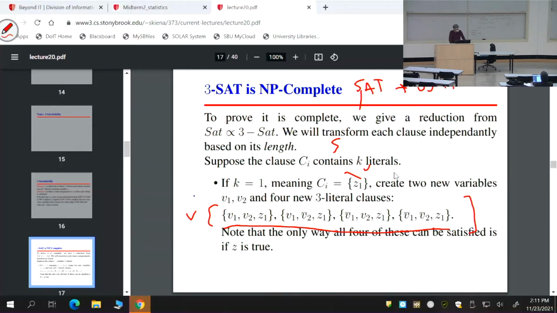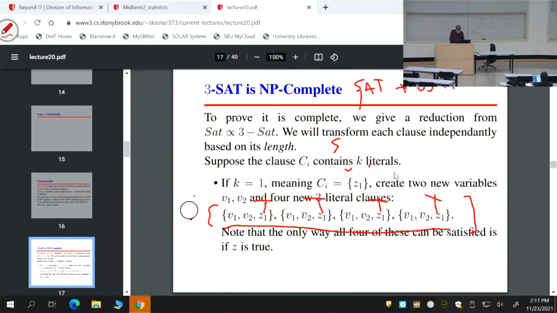If I set Z1 to be true, does everybody see that I get true, true, true, true? All of these clauses are satisfied. Do you agree? So if this 1-element clause was satisfied, these 4 3-element clauses would be satisfied.